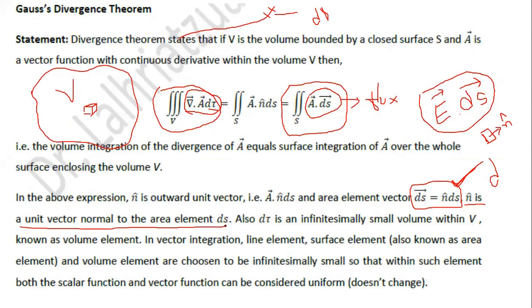Whenever we take the normal, we have to take the outward unit vector. Remember, n cap is an outward unit vector here.